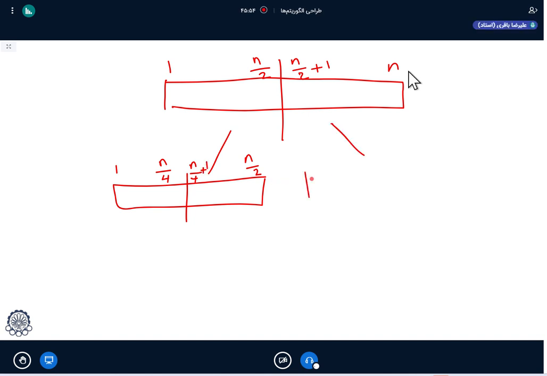And the second part is also divided into two smaller parts. And this division continues.